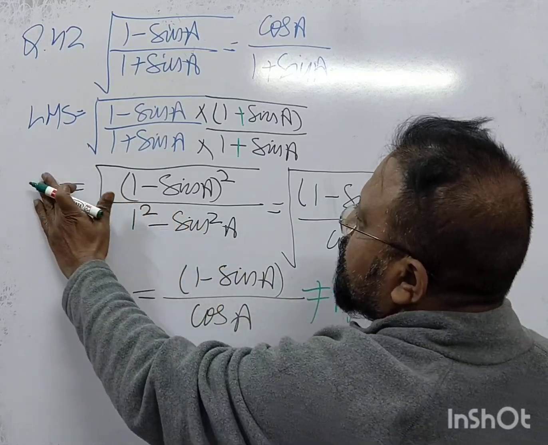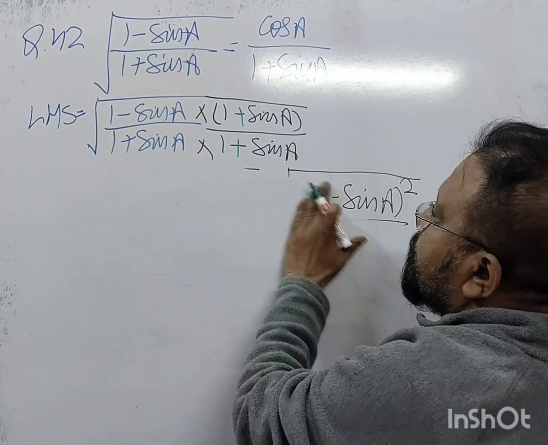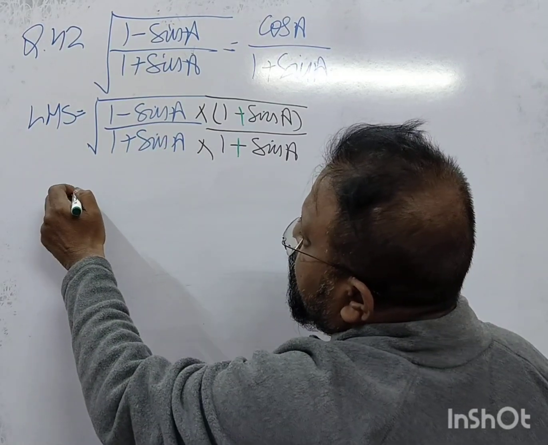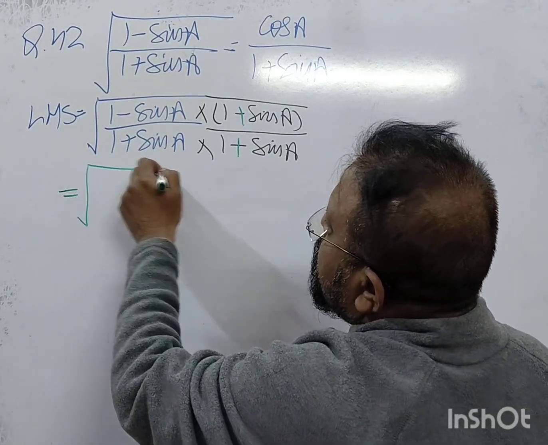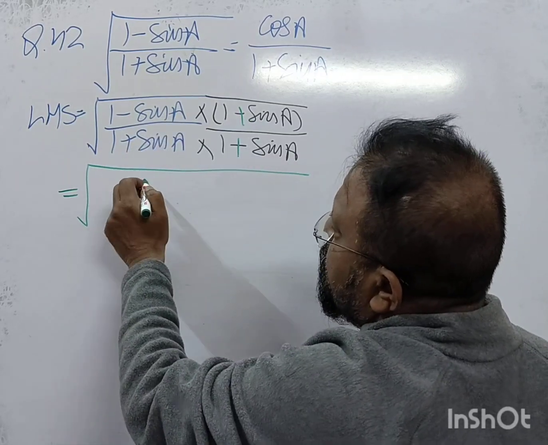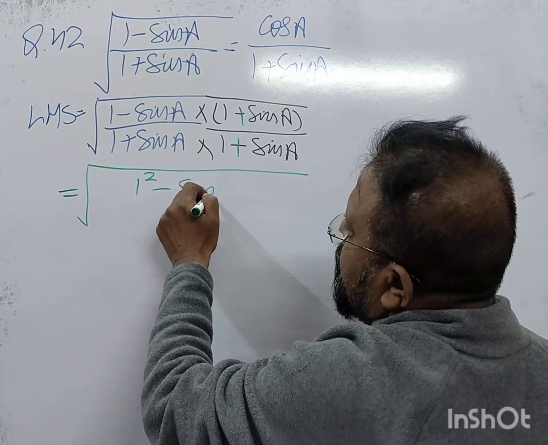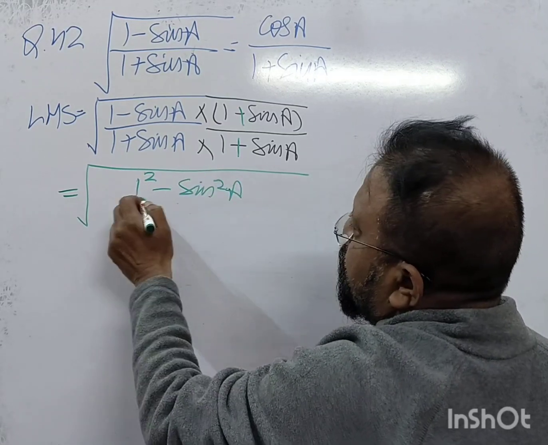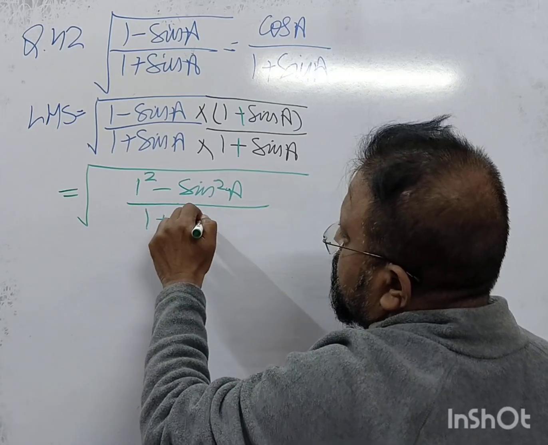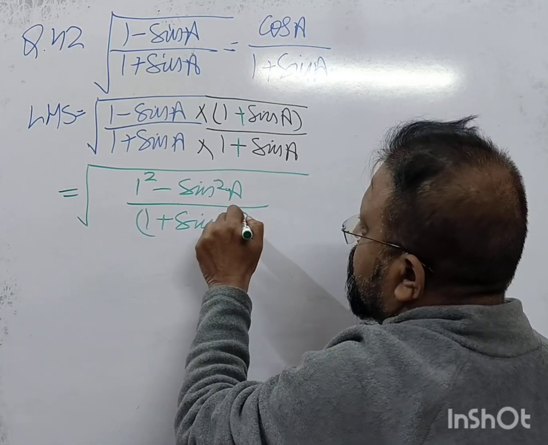Now what happens if we rationalize with the plus? There will be root over 1 minus sine A times 1 plus sine A, that means 1 square minus sine square A, upon (1 plus sine A) whole square.